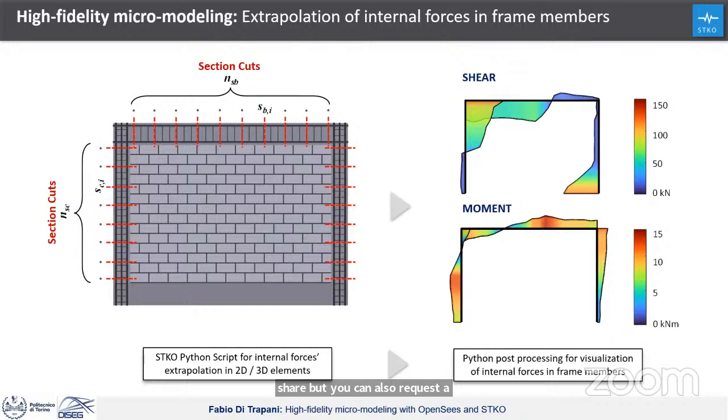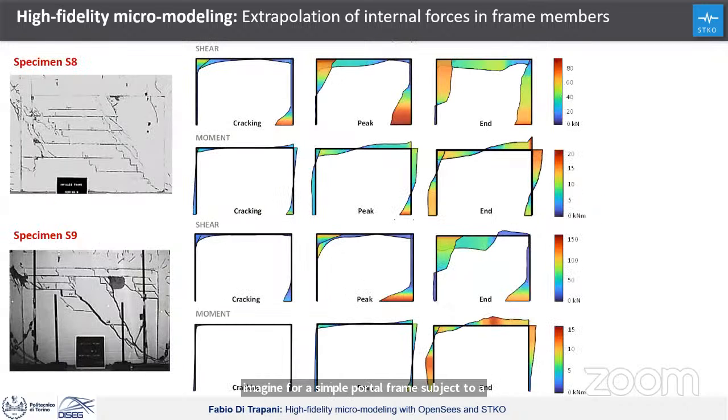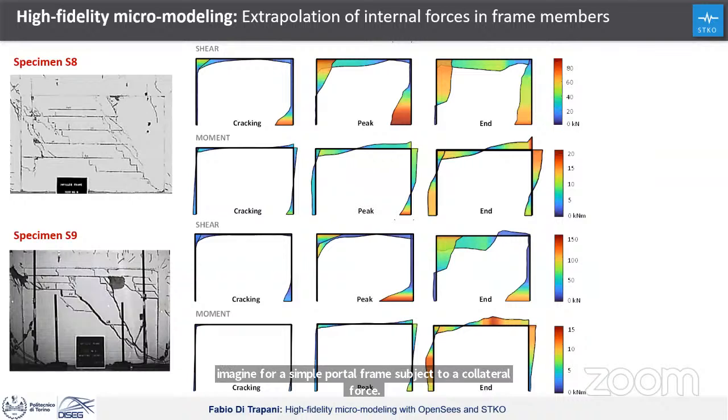We can have a high-fidelity reproduction of the internal force that, as you can see, is quite different with respect to the one we imagine for a simple portal frame subject to a lateral force.